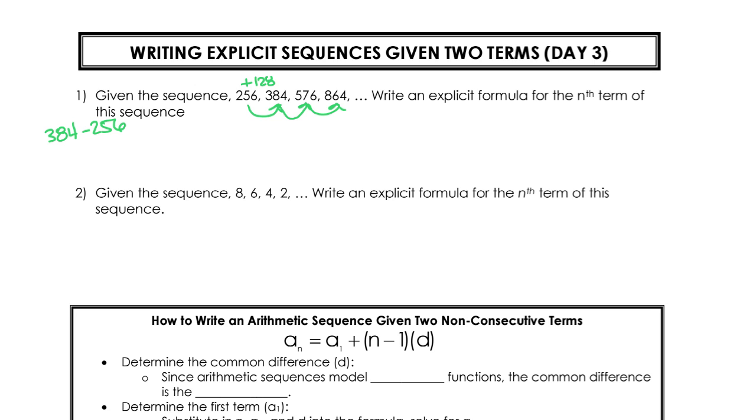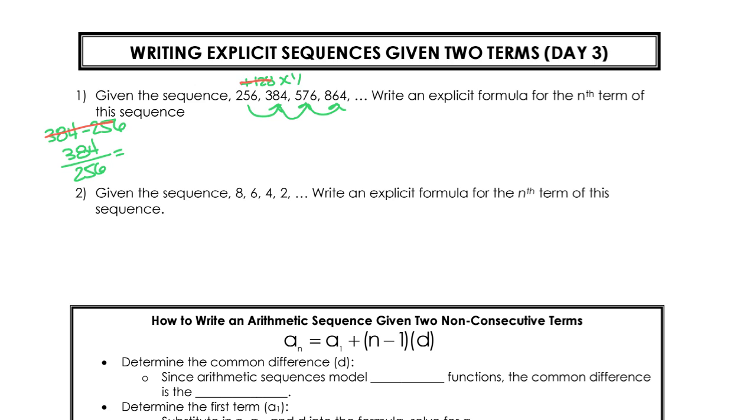So right now, I realize that it's not arithmetic, it's geometric, okay? And so if you have to figure out what you're multiplying by, and you can't, remember that the opposite of multiplication is division. So let's take 384 and divide by 256. 384 divided by 256 is 1.5. So now let's see if this works.